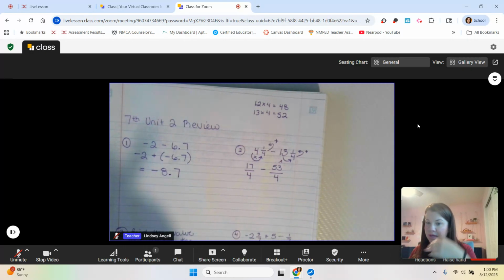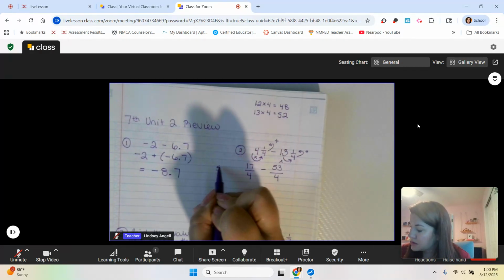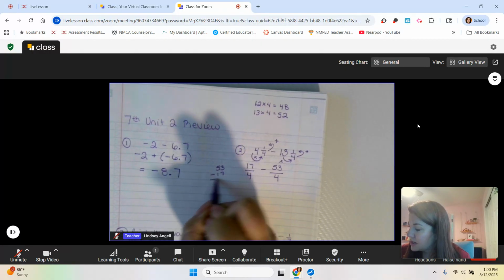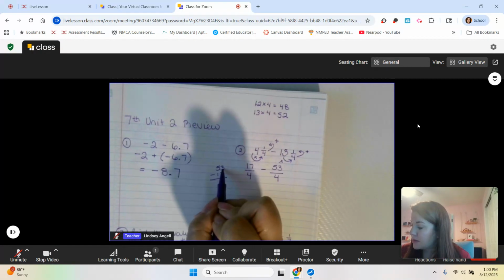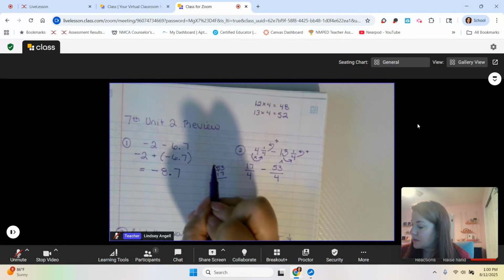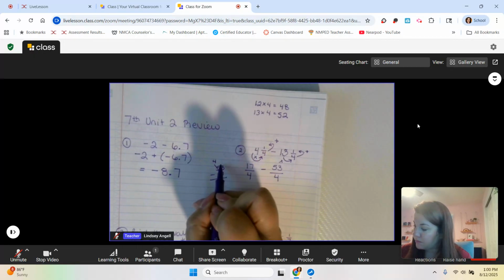I know I'm getting to 0, I'm subtracting 17, but then I'm going further than that. So really I'm finding the difference between these two numbers. I'm going to come off here to the side and do 53 minus 17. Well, 3 minus 7, I can't do that, so I'm going to borrow from my 5, treat that like a 4.